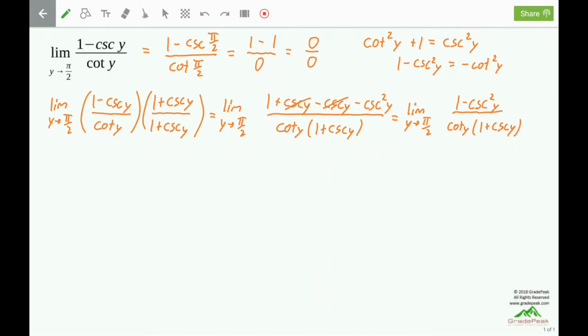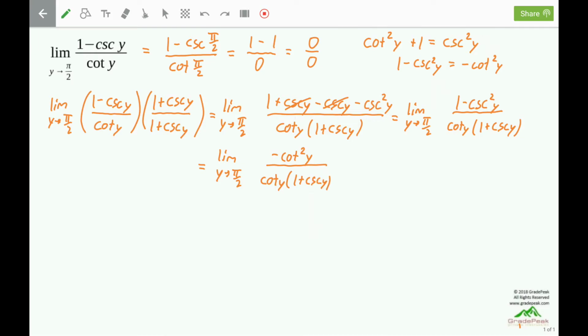So we can see that 1 minus cosecant squared of y is the negative of cotangent squared of y, and that's what we're going to replace it with in the numerator. So we will have the limit as y goes to pi over 2 of negative cotangent squared of y divided by cotangent of y times 1 plus cosecant of y.